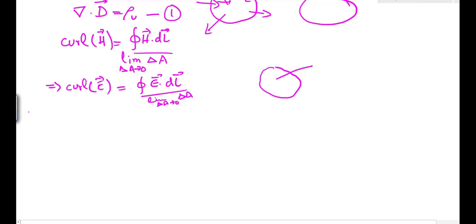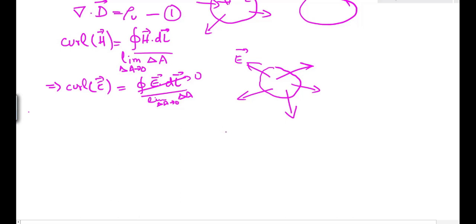Now as we know that the electric flux lines are always perpendicular to the surface, this expression becomes 0, because E and the path length are perpendicular to each other. This can be explained in other words also, because E dot dl is basically the work done, as we described in the previous chapters, and the work done through a closed path is always 0.